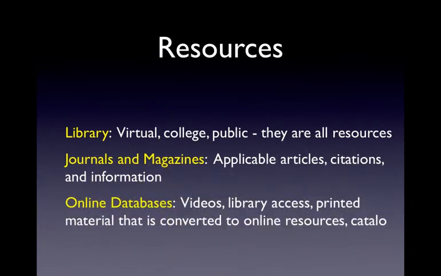And then there's just a plethora of online databases, videos, library access, printed material that's been converted to online resources. There's a lot of information on an online basis that's out there that's available for you, as well as catalog services.